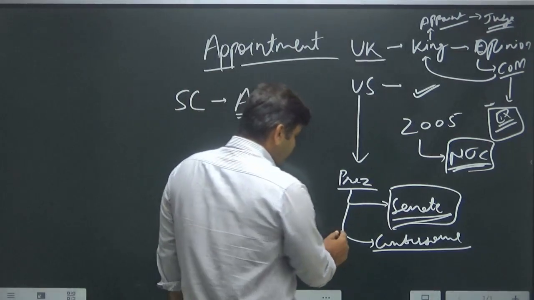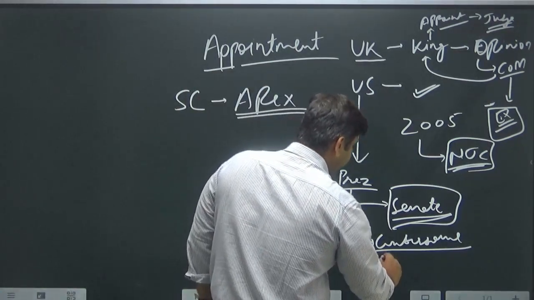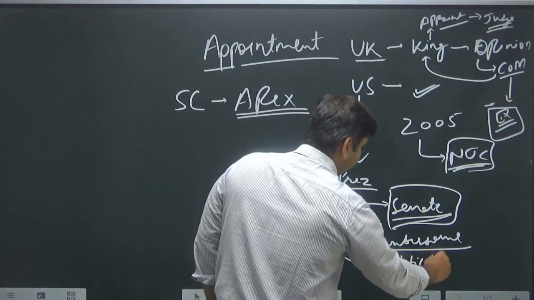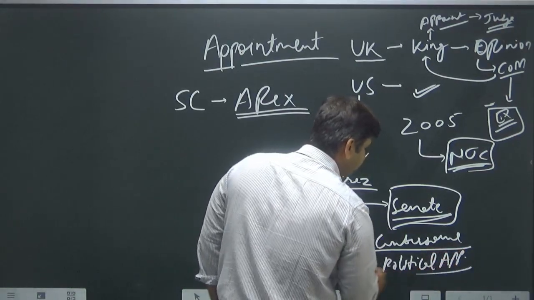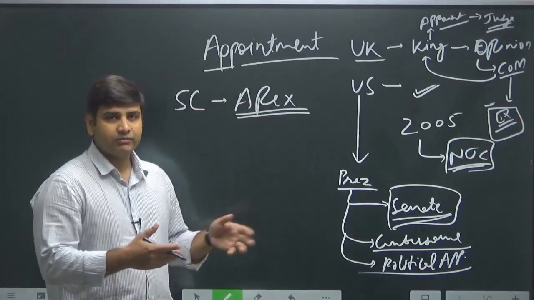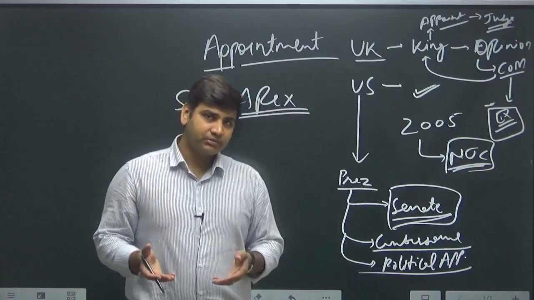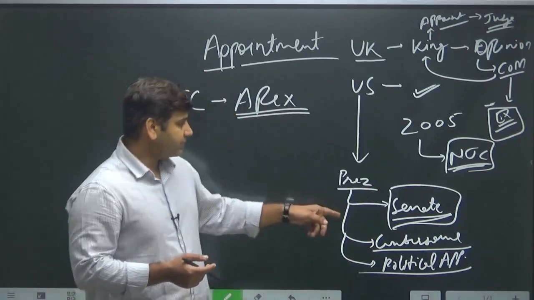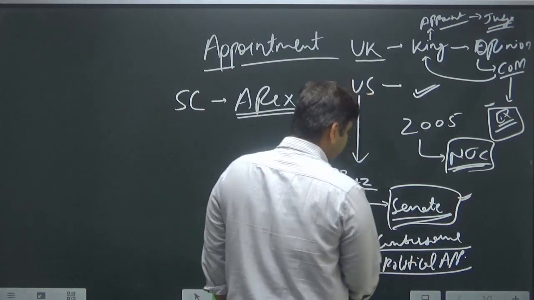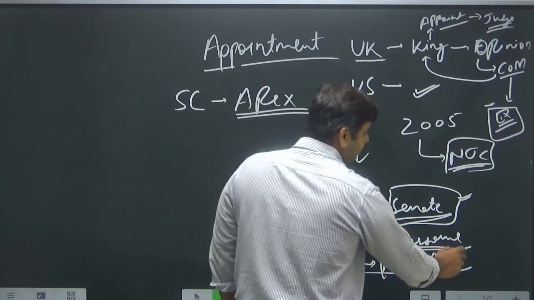Second thing, the problem of political appointment can be a big issue here, because the Senate has members who have been elected from political parties having political ambitions, and if such a party decides on the appointment of judges, sometimes the considerations can be political in nature.